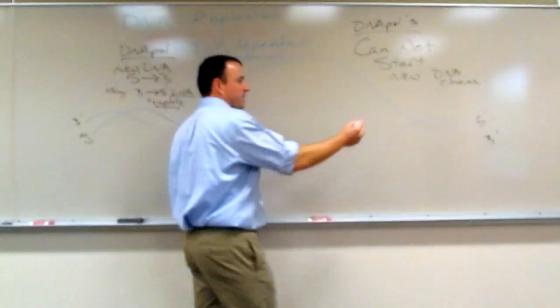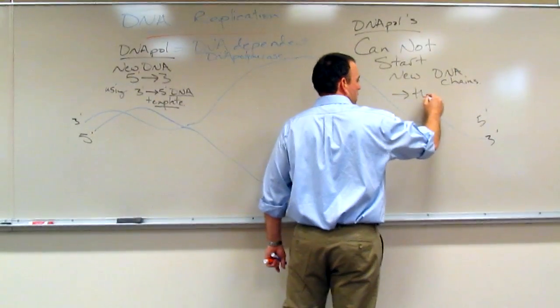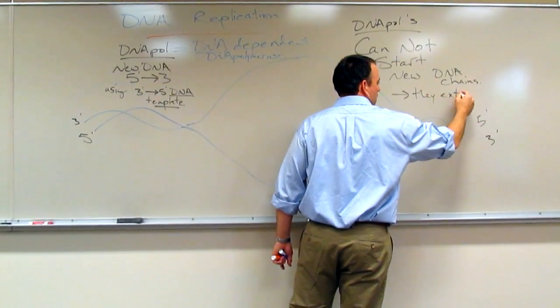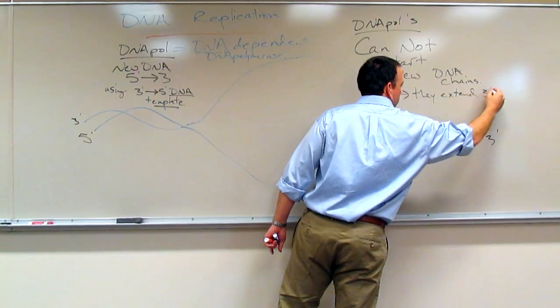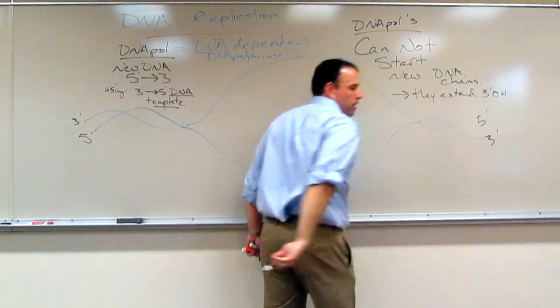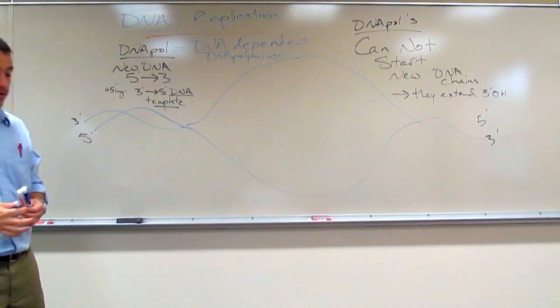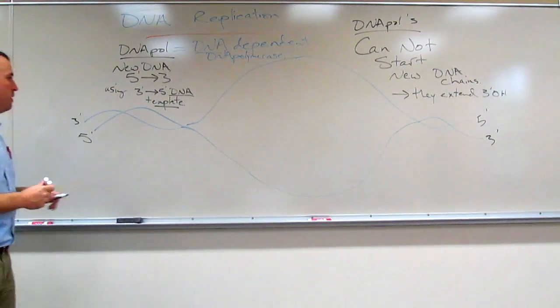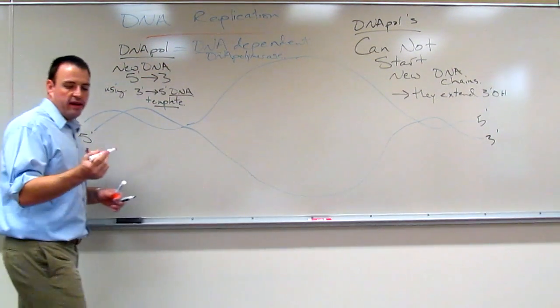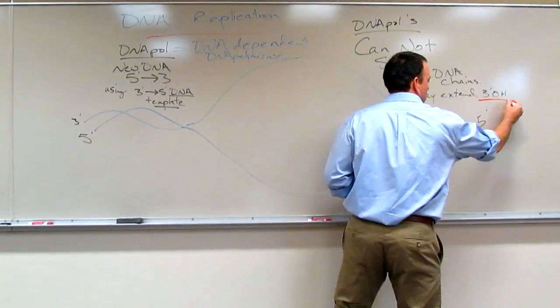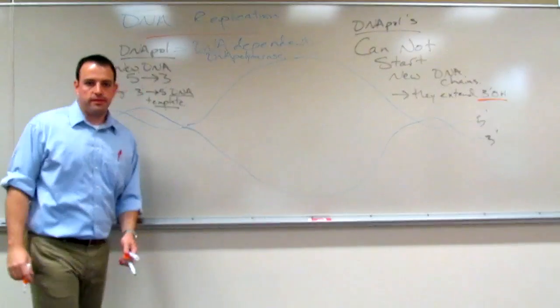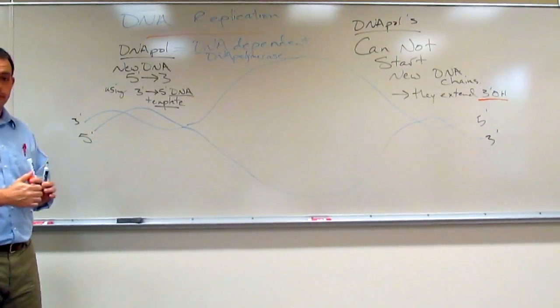It can only extend free 3' OH groups. Okay, so we feel good about that. We're going to move on. So what are we going to do? Well, we need a 3' OH to direct where our DNA polymerase is going to go.